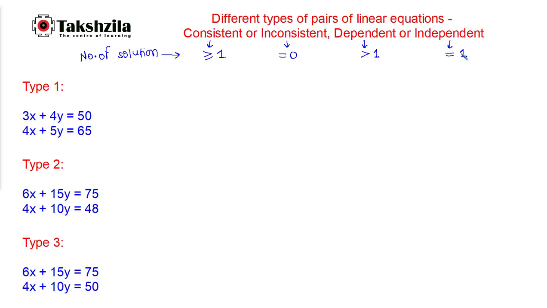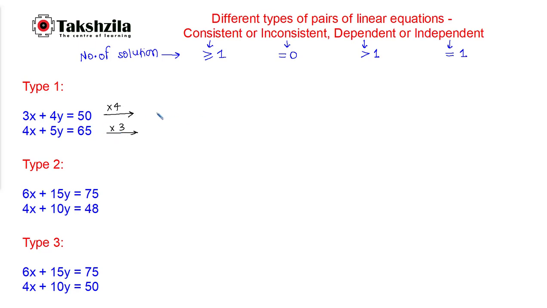Everyone must be knowing how to solve this simultaneously. Let's solve this quickly. Then we can generalize this. So in type 1, first of all, make the coefficient of any one of the variables equal and solve. Let's make the coefficient of x equal. Multiply the first equation by 4, multiply the second equation by 3.